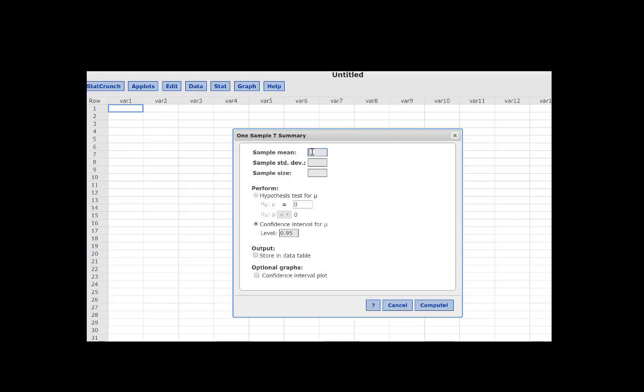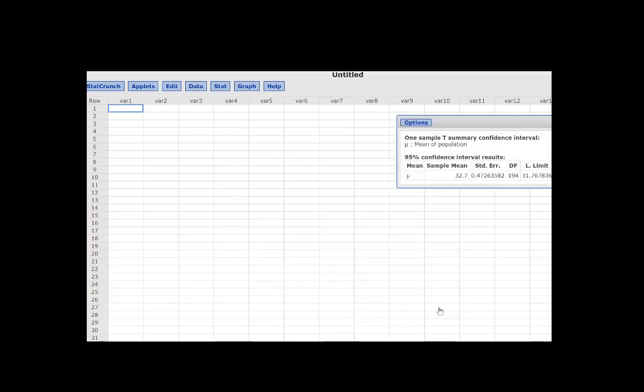So here is our sample mean. It is 32.7 hectograms. Our sample standard deviation is 6.6 hectograms. And our sample size is 195. We don't have to look up that critical T in this case. We're just going to do compute, and here is our limits.